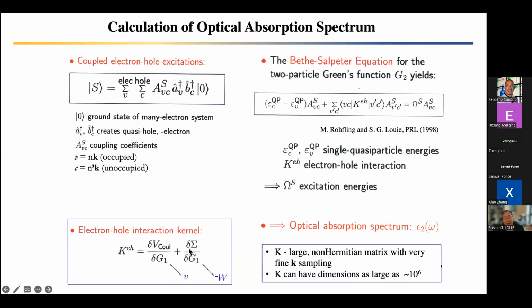The second one here, we call that the direct interaction, and the first one is an exchange type of interaction between the electron and the hole. And this K is a very large non-Hermitian matrix, just like the self-energy, and it in general requires a very fine k-point sampling. And K can be on the order of a million or more for a typical material.